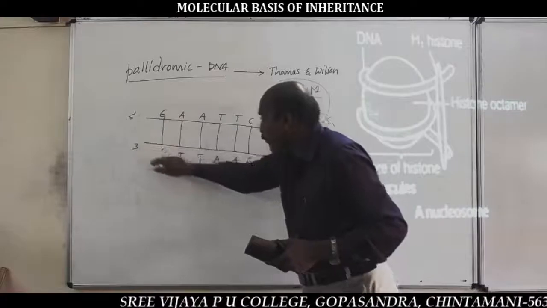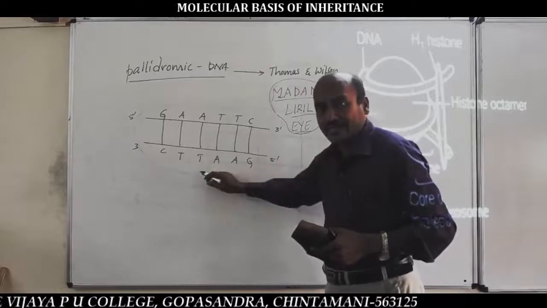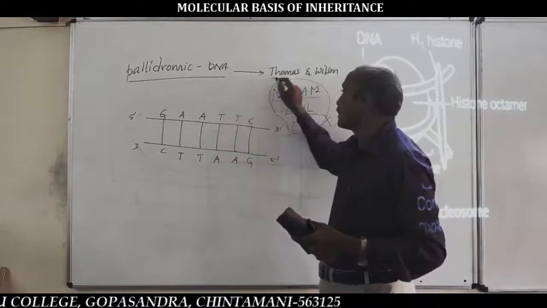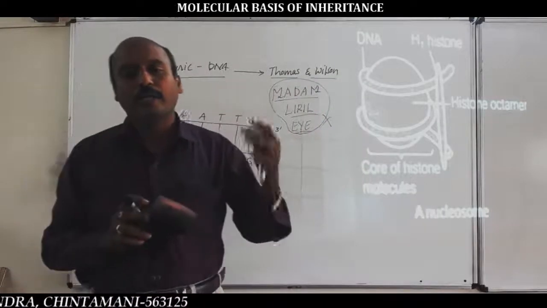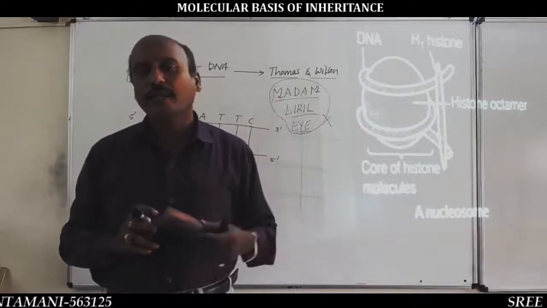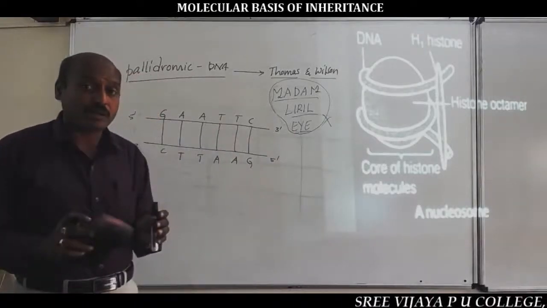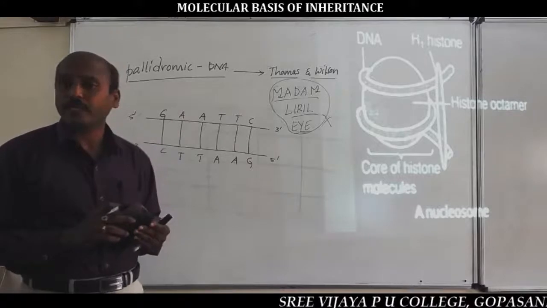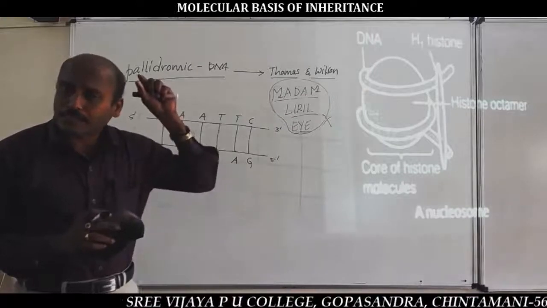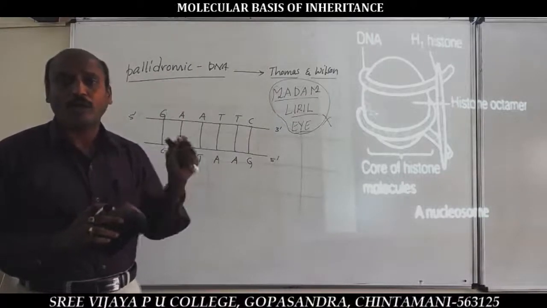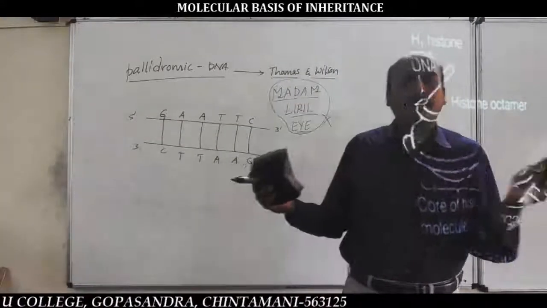Now this is the example of a palindromic DNA. GAATTC, GAATTC, that is called palindromic DNA, first discovered by Thomas and Wilson. There are 3 different types of DNA: right-handed DNA, left-handed DNA, and palindromic DNA. Right-handed DNA, on the basis of the nature of the helix, that is length of the helix, number of base pairs present in each helix, distance between base pairs of each helix, and also diameter, is further divided into 4 types, A, B, C, D type.